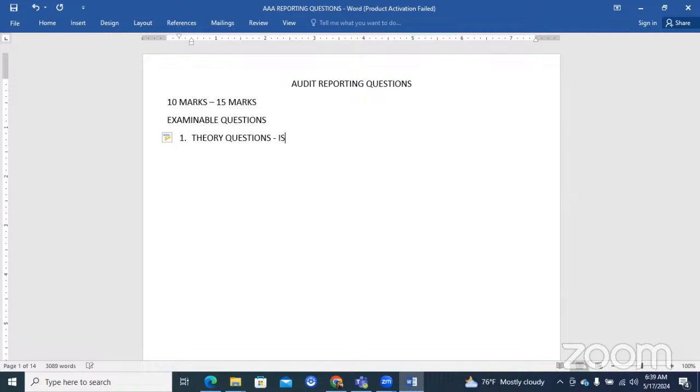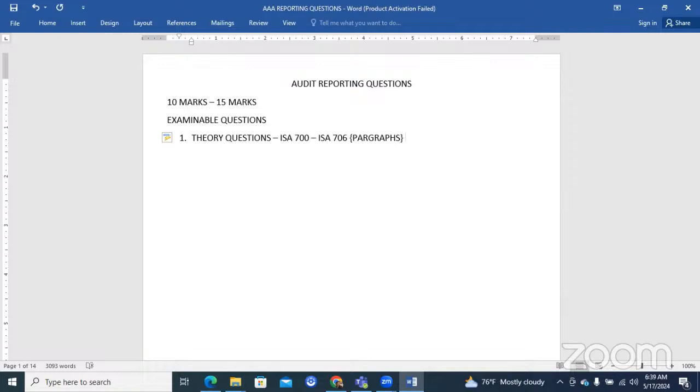If you take theory questions, students, ISA 700 to ISA 706, these standards can be tested. But try to understand one thing, students. If you take these theory questions, mainly it's towards the paragraphs.